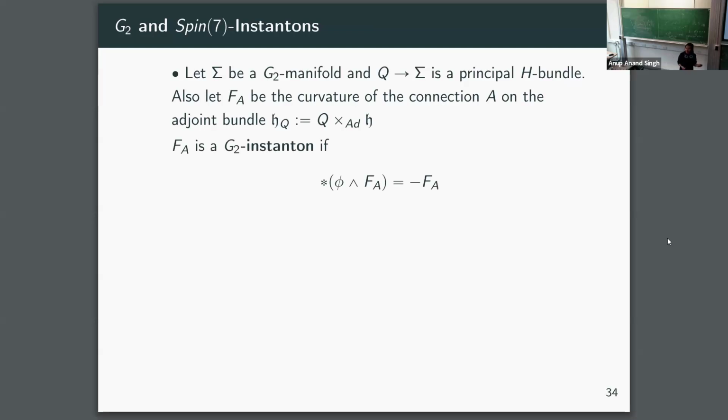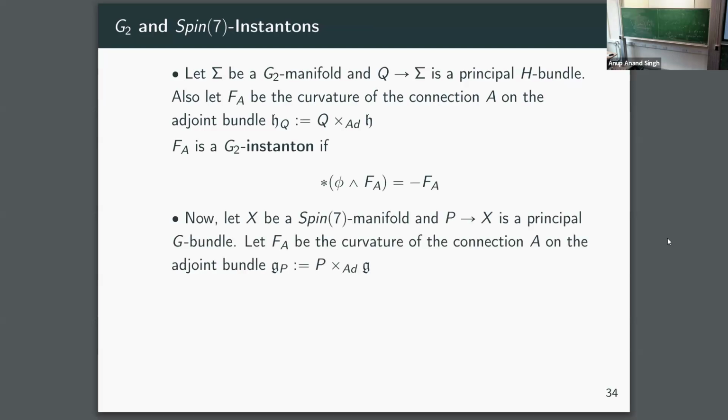I already talked about the instanton equation, but after I discussed the relation between the structure constants, ultimately they're the same. So using the 3-form phi and 4-form psi, in very coordinate-free notation, I can write the G2 and Spin(7) instanton equations like this. As I showed you, the 4-dimensional instanton equation is star F_A equals plus or minus F_A. F_A, the curvature, is a 2-form.